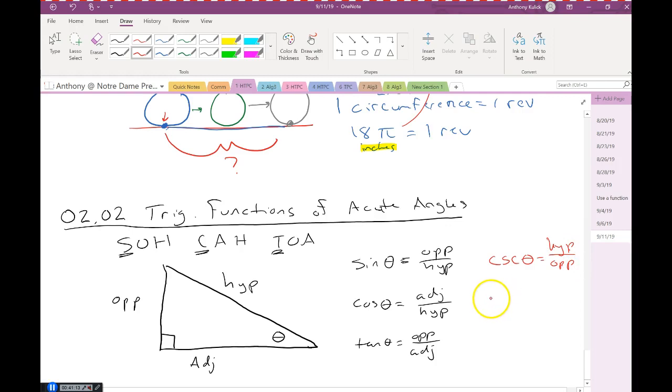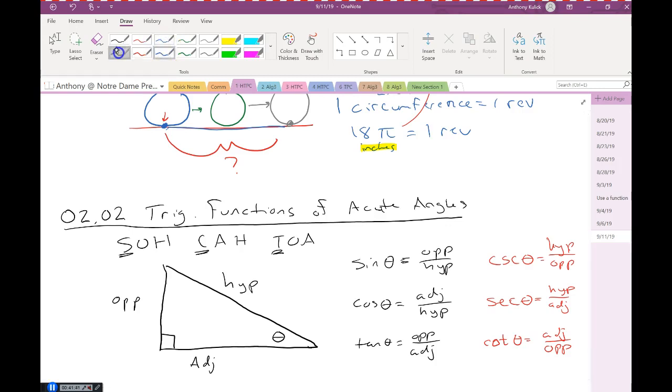The second is secant, abbreviated SEC, which is hypotenuse over adjacent. The third is cotangent, which we abbreviate as COT, which is adjacent over opposite.